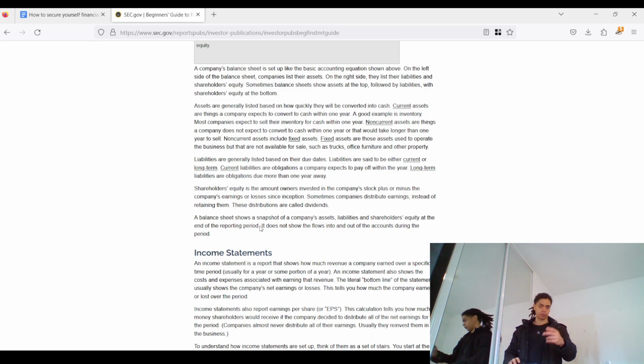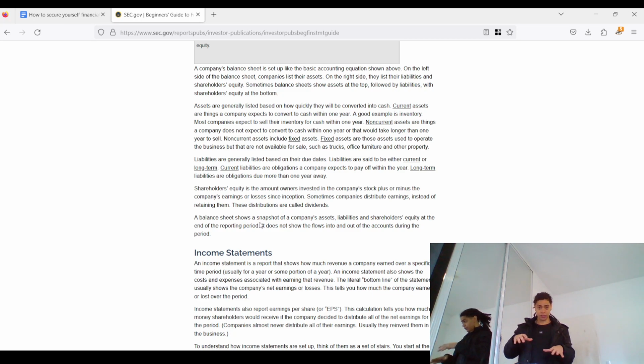The second type of financial statement is the income statement. So you can think of this as a set of stairs, right? You start with the total amount of revenue at the top, and once you go down each step of the stairs, you make a deduction associated with that cost.